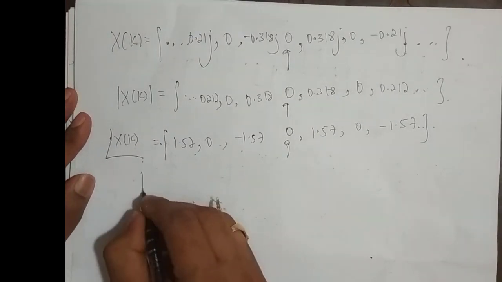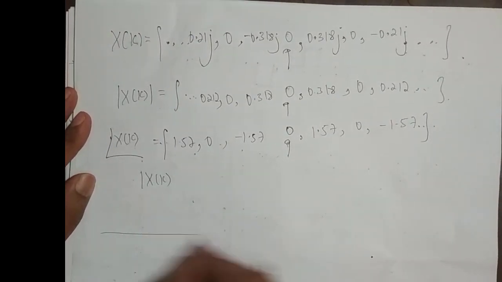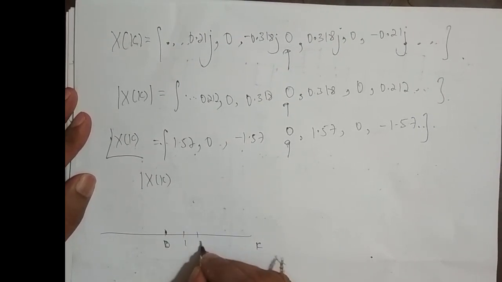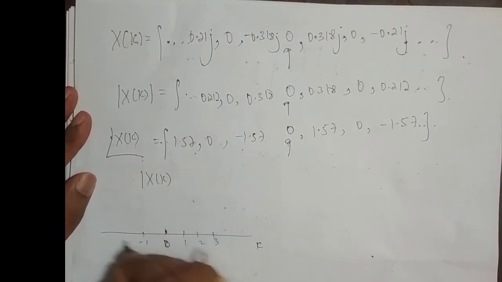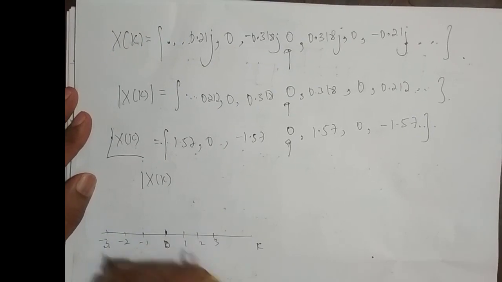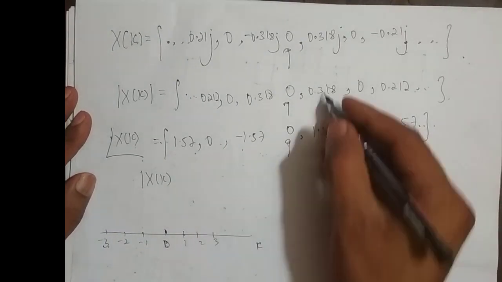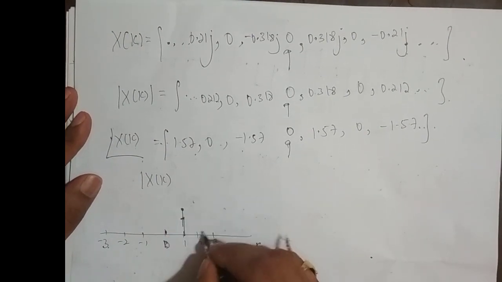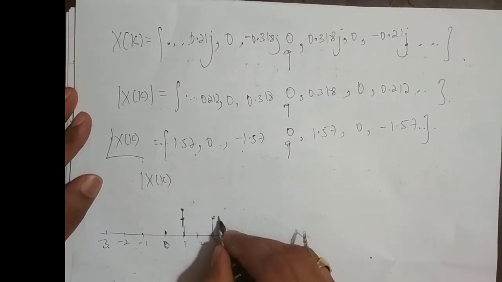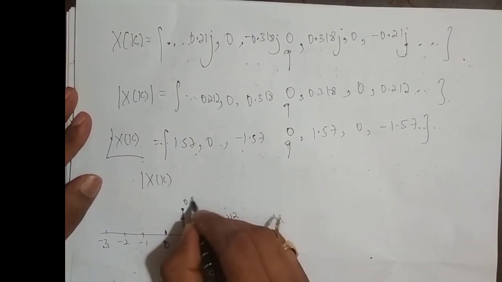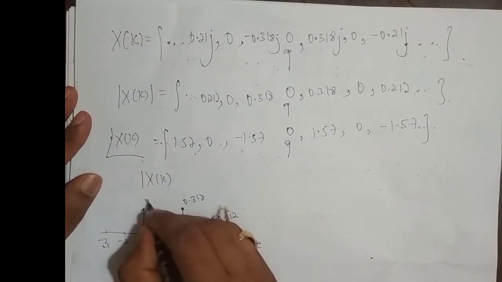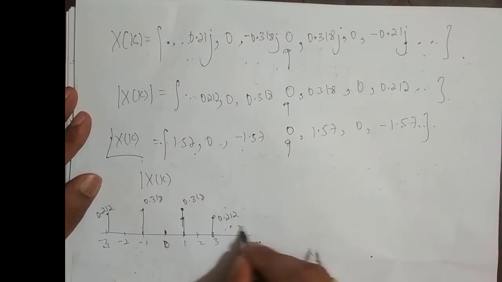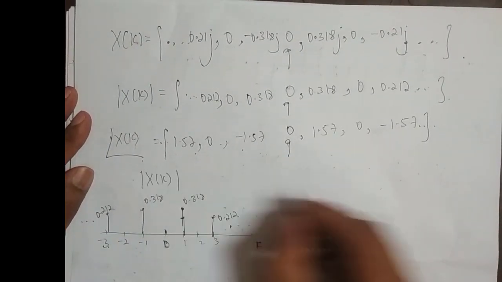Therefore, the magnitude of x of k, for k equal to 0, 1, 2, 3, minus 1, minus 2, minus 3, is 0, 0.318, 0, 0.212, 0.318, 0, 0.212, and it goes on.